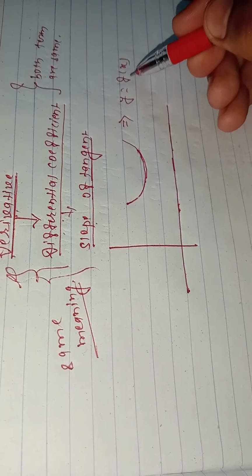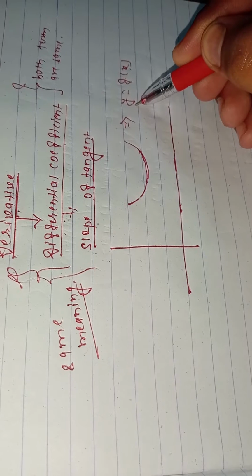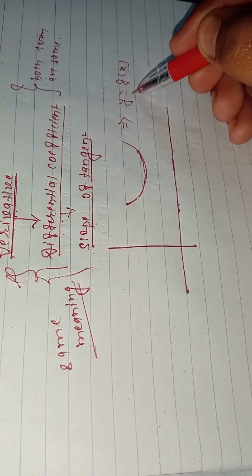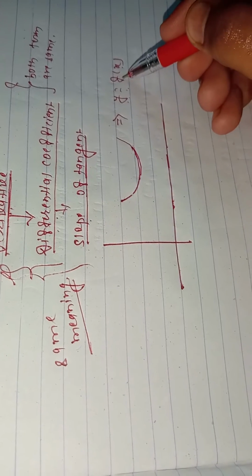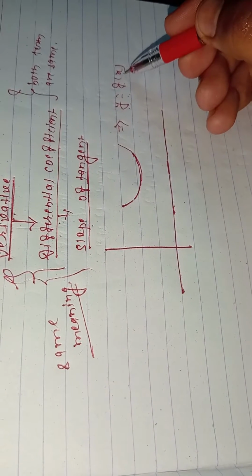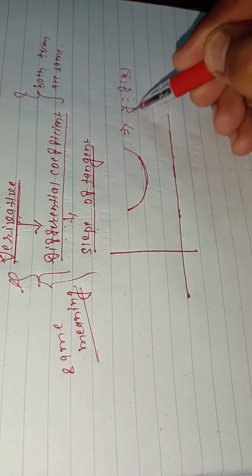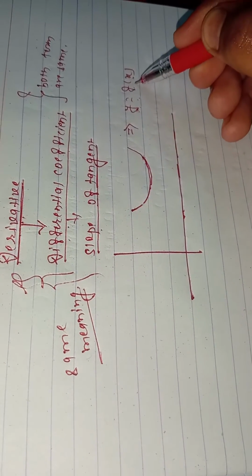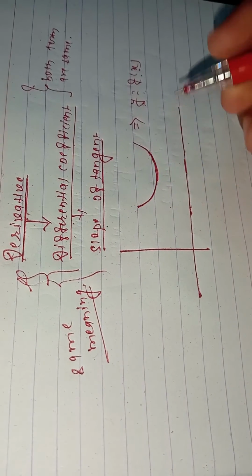We can say that function of x is equal to y. From the beginning of standard 8, 9, 10 you have read about functions. So simply understand that function of x is y. So y is equal to f(x) is the graph I have drawn here.